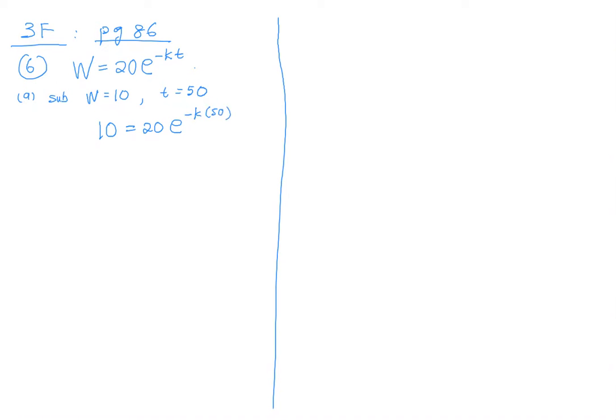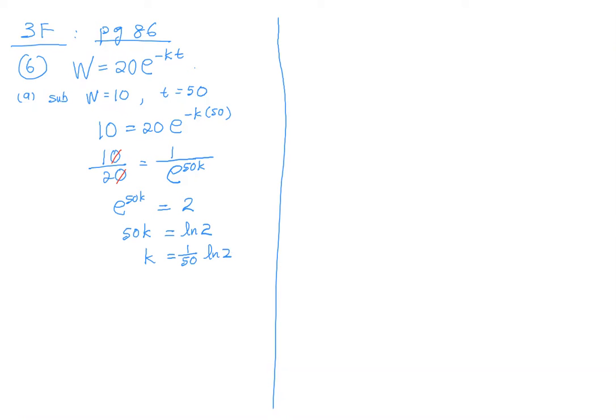So 10 over 20 equals e to the power negative 50k. I told you, whenever I see the e, if the power is negative, I will make it positive. So I simplify: e to the power of 50k is equal to 2. So 50k equals ln 2. So k equals 1 over 50 ln 2.